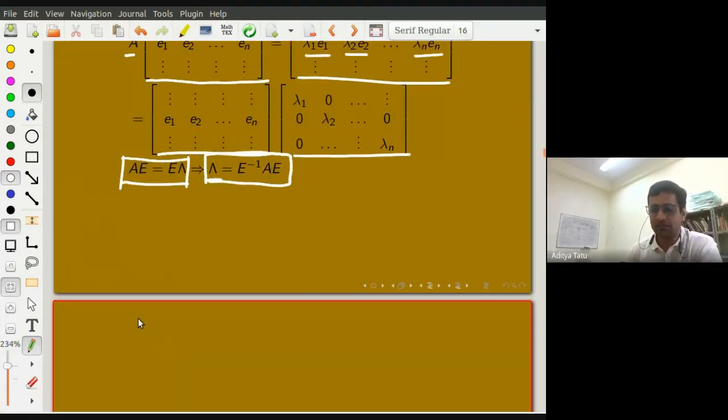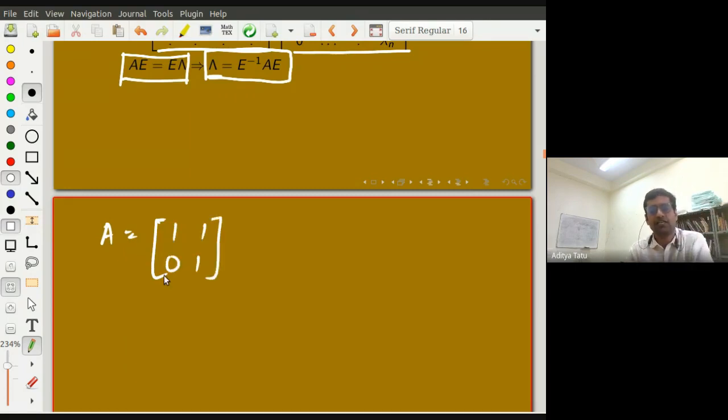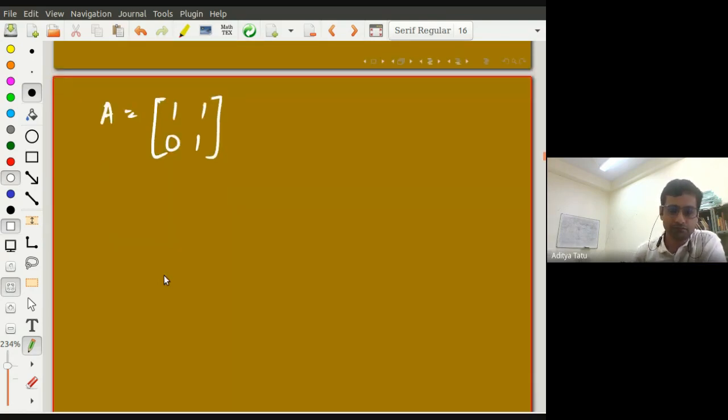So for example, I'll give you a very trivial example. Let A be this matrix 1, 1, 1, 0. Can you find its eigenvalues and eigenvectors? A minus lambda I2, or x I2.